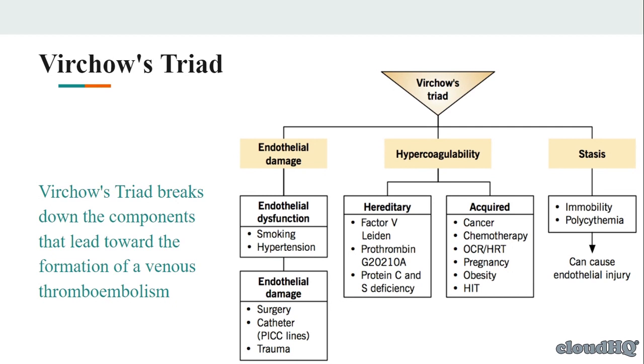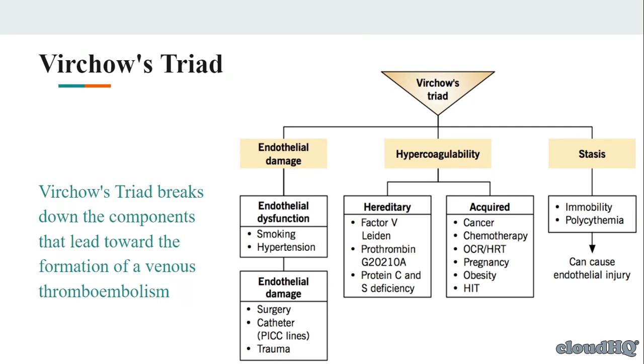You're going to be in a hypercoagulable state, so anything that's going to lead to increased coagulability of your blood, and endothelial damage. The endothelium is the inside lining of the blood vessels. There's two boxes.